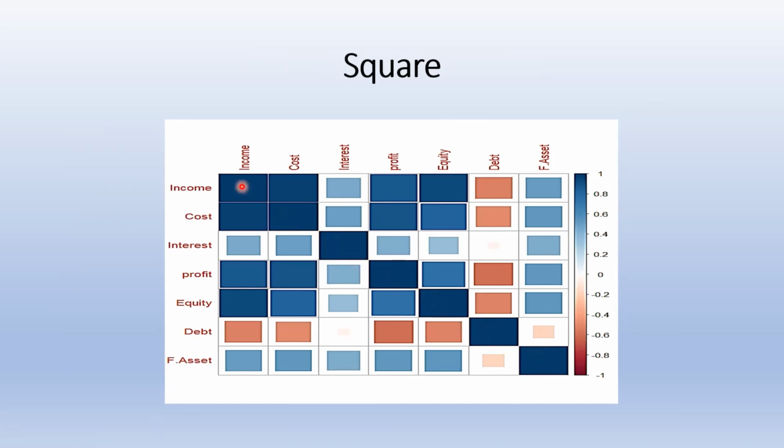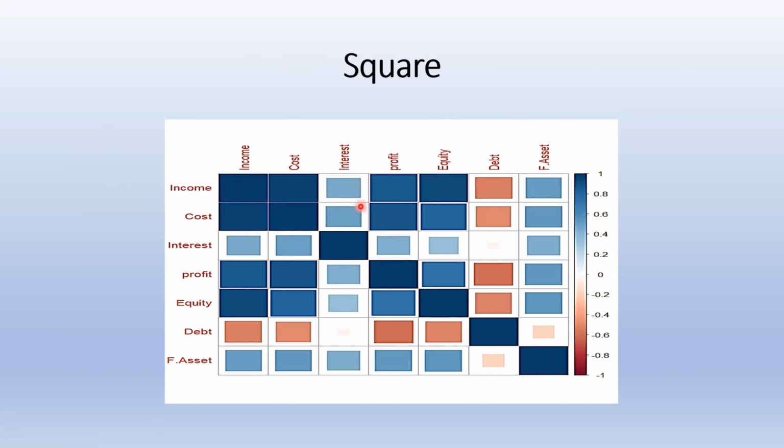So it indicates that here the correlation coefficient is +1. Now in this area you can find the color is dark blue, so obviously this correlation coefficient is high, and the blue color indicates the correlation coefficient is positive.